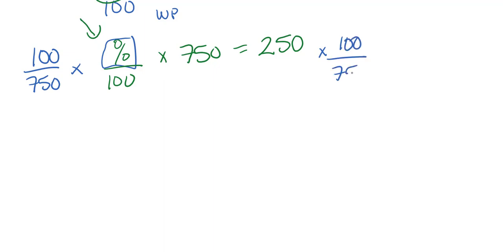Now, why do we multiply it by 100 over 750? Well, percent times 750 is divided by 100, or we can go 750 times x over 100. So in order to get rid of these two numbers, we just multiply by the reciprocal, that'd be 100 and then 750 on the bottom. This gets rid of it here because that just becomes 1. Gets rid of it here, that just becomes 1.